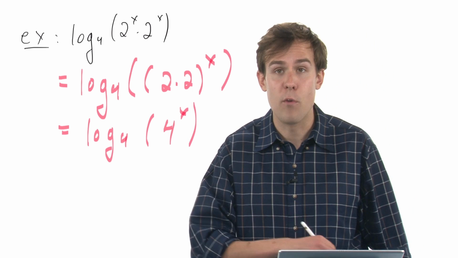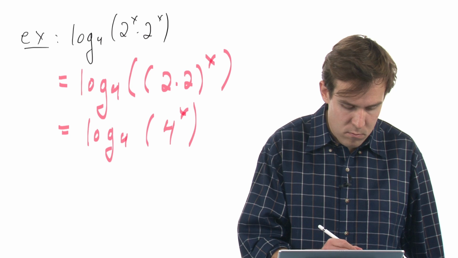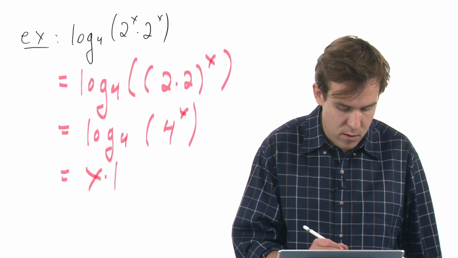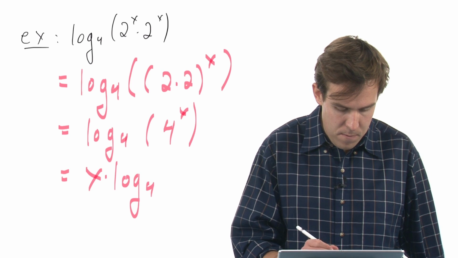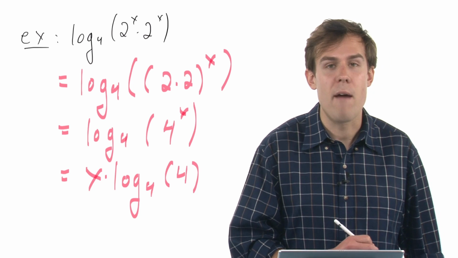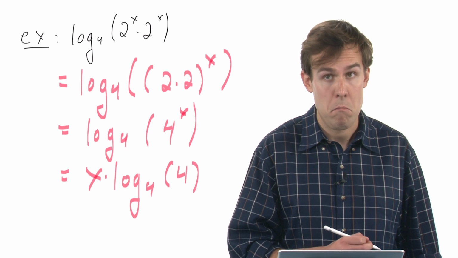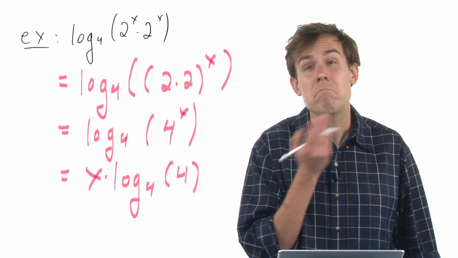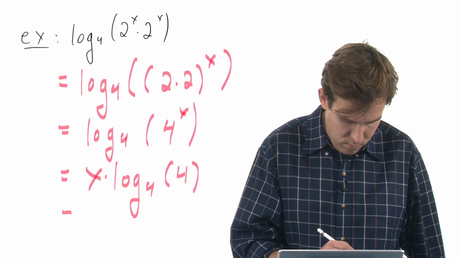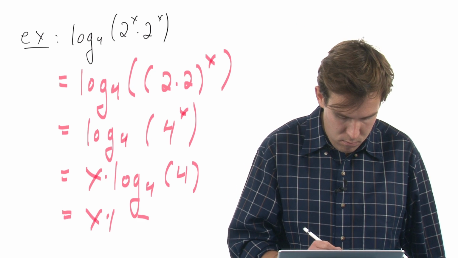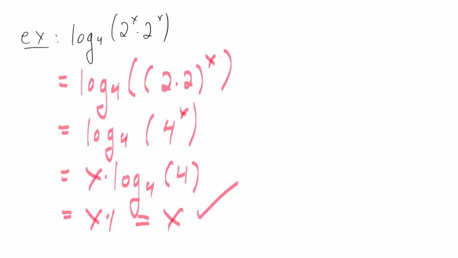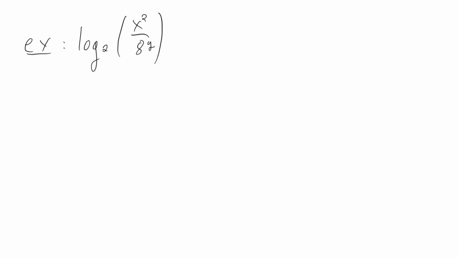So I have log base 4 of 4 to the x, bringing the x out front. And now I have log base 4 of 4. What's that? Just 1. Right, so all I have to do is apply these basic principles and it will take me quite far.